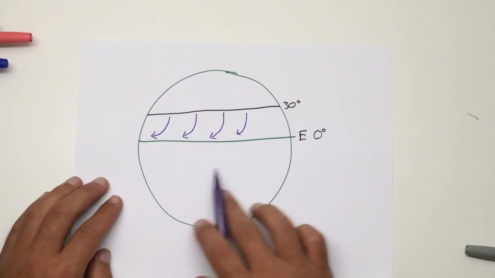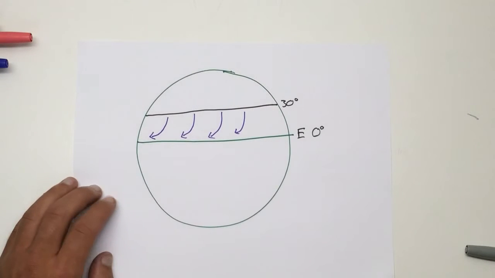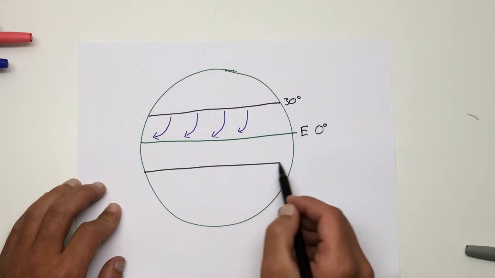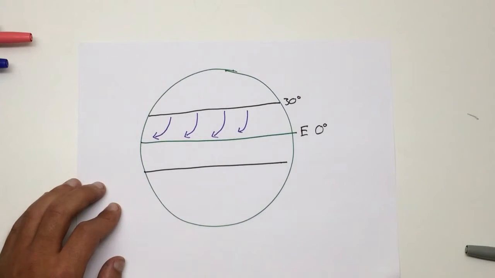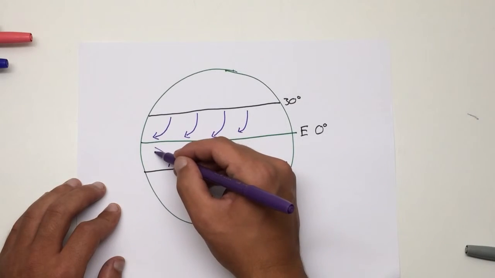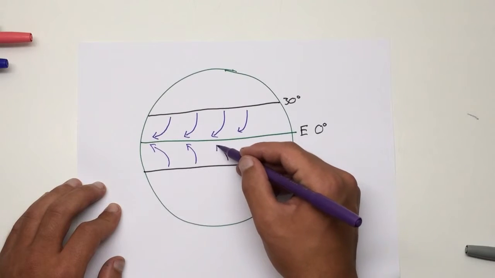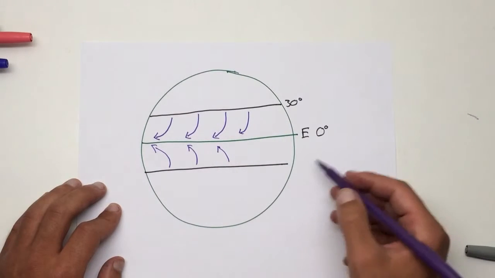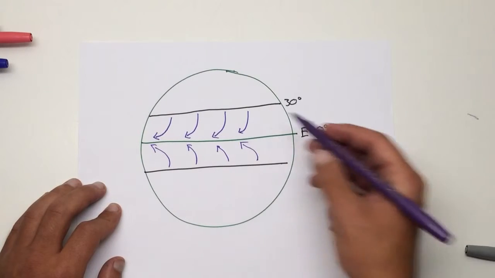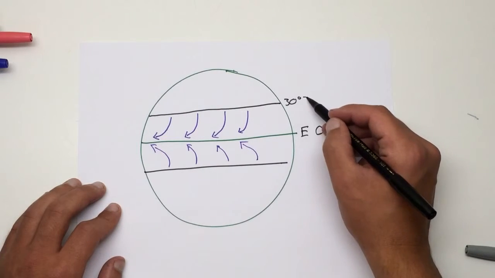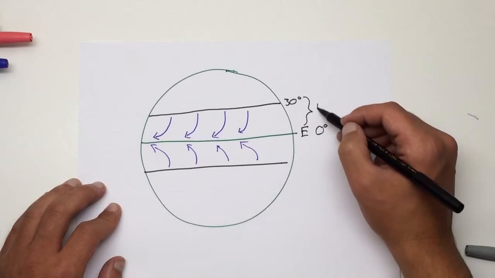Now these are called the northeast trade winds. We have the same thing happen on the south with winds going up towards the equator, moving towards the west, and those are then called the southeast trade winds. So go ahead and label that in here.